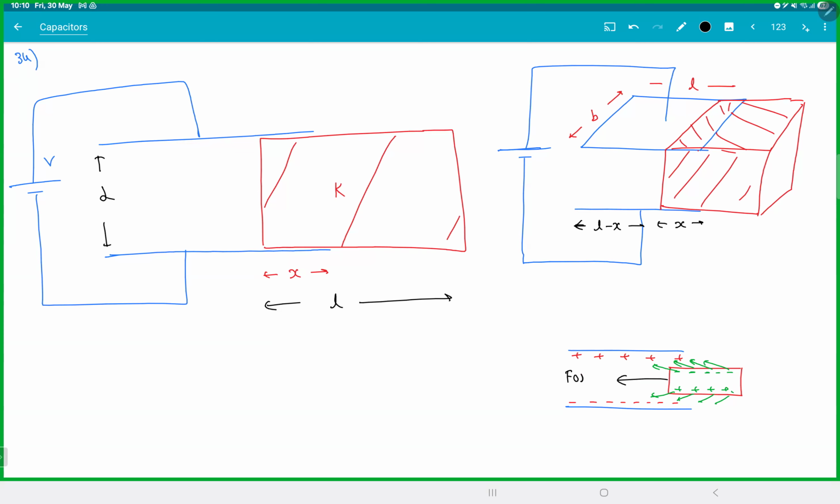This force is responsible for pulling the slab inside. So the moment you keep a dielectric slab, it gets pulled inside between the plates. Is that making sense? So the force between charges on the plate and induced charges on the dielectric.